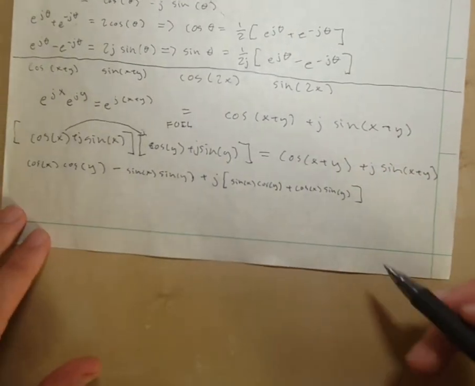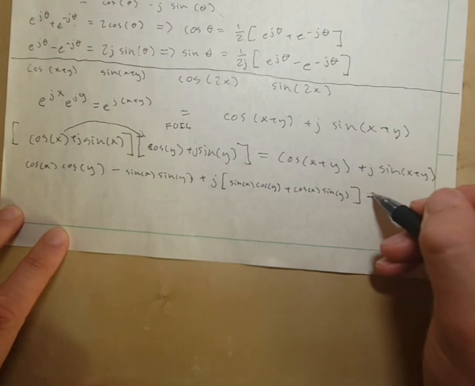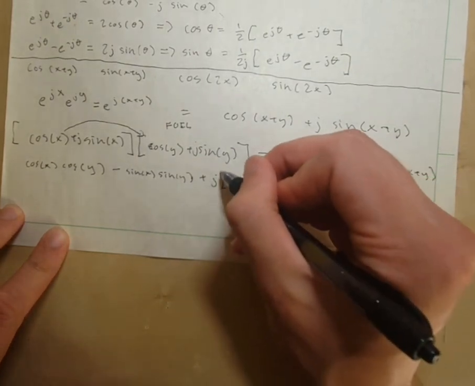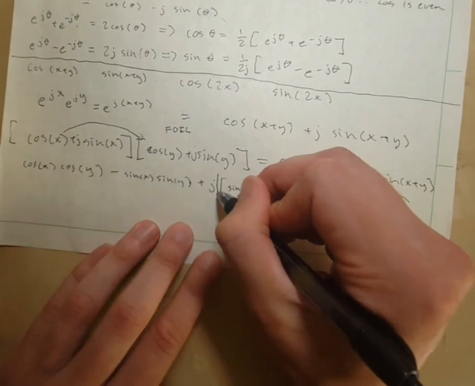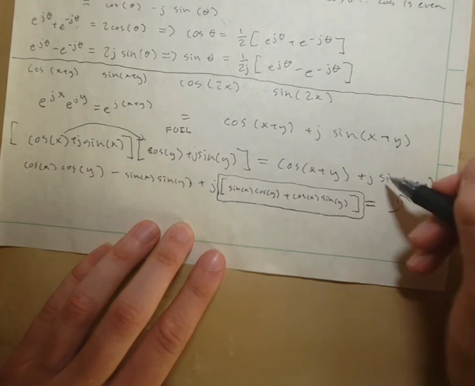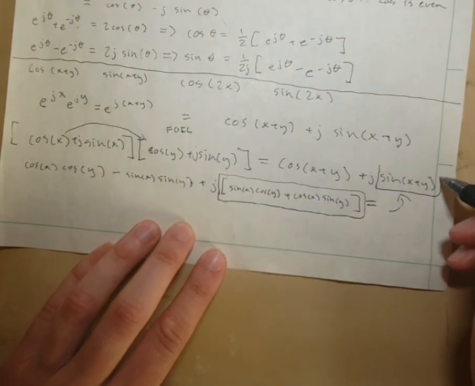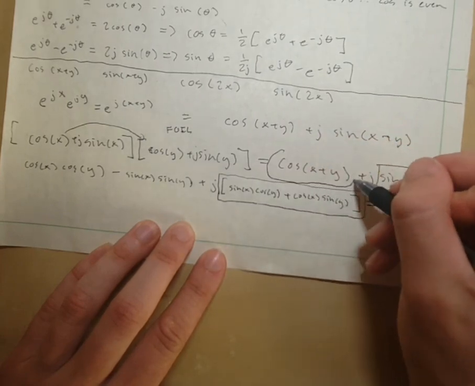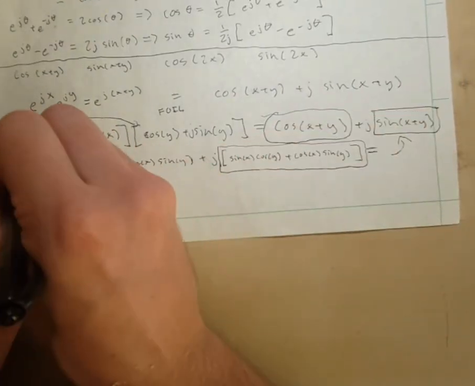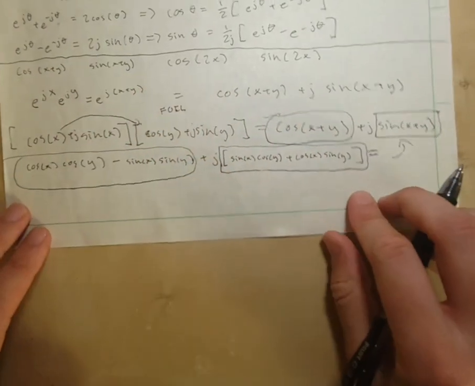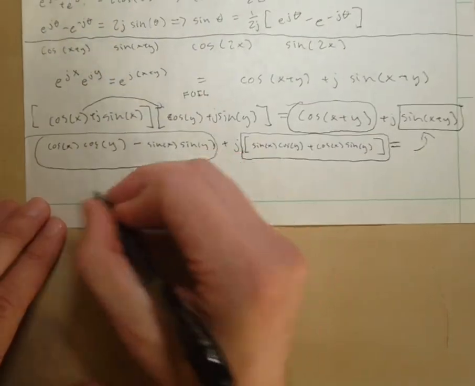And notice this is still equivalent to this up here. So you take this one, I'm going to put a box around it, and then this one, and they're equivalent. And then we'll do a circle on this one, and a circle on this one.